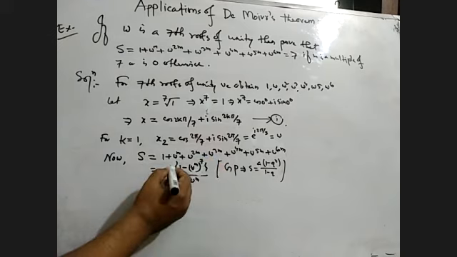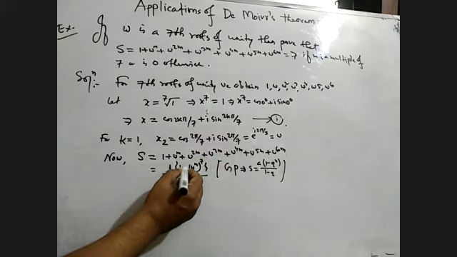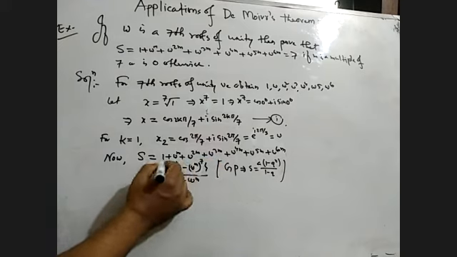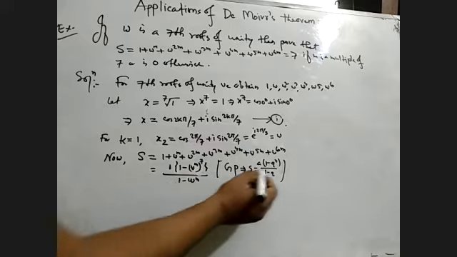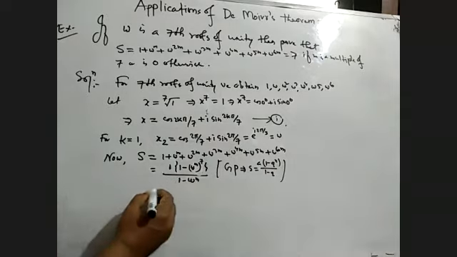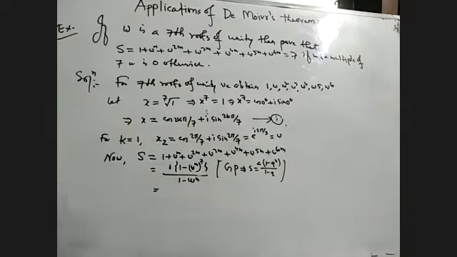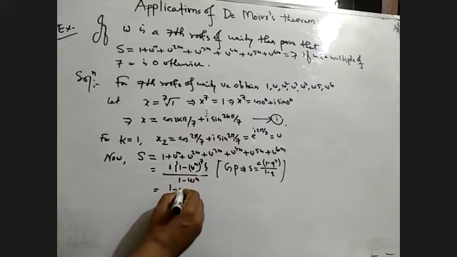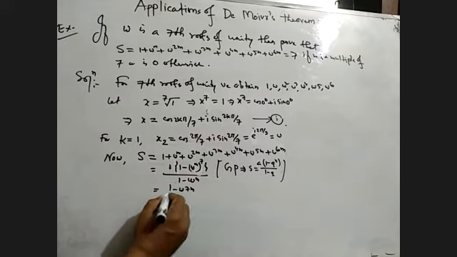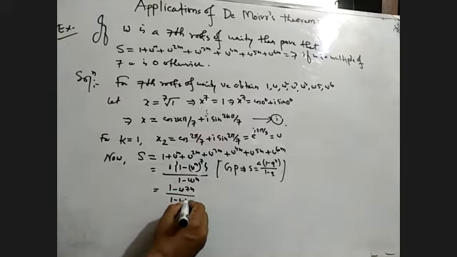So here the first term is 1, and the sum will be given by 1 minus omega to the power 7m divided by 1 minus omega to the power m.